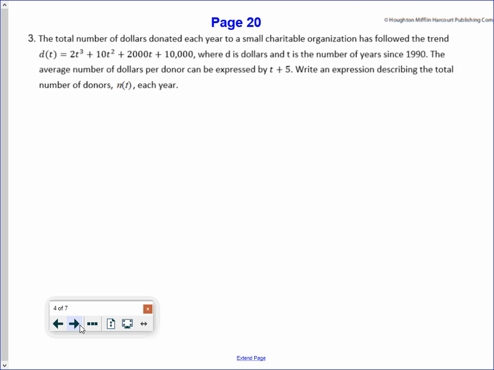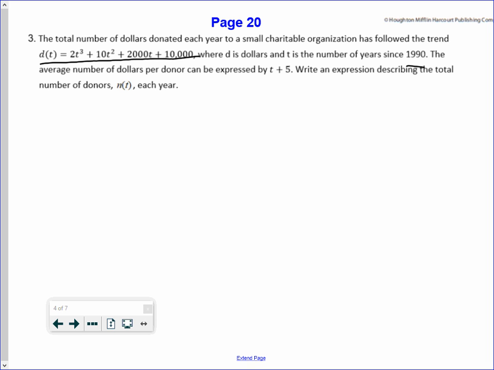On number 3, we're told the total number of dollars donated each year to a small charitable organization follows the trend D of t equals 2t cubed plus 10t squared plus 2000t plus 10,000, where D is the dollars and t is the number of years since 1990.